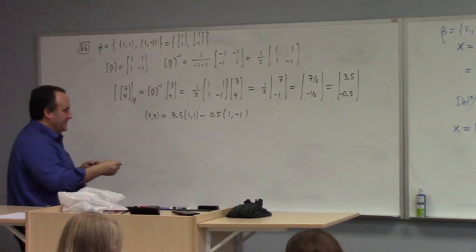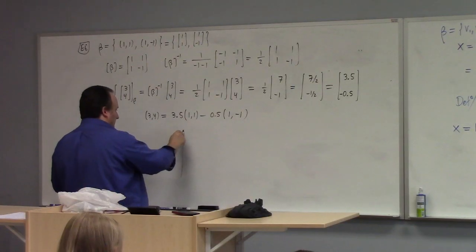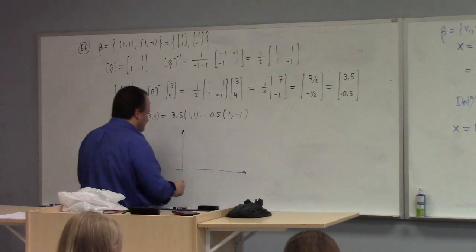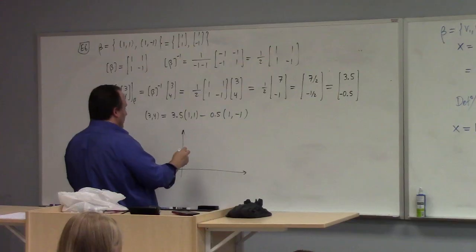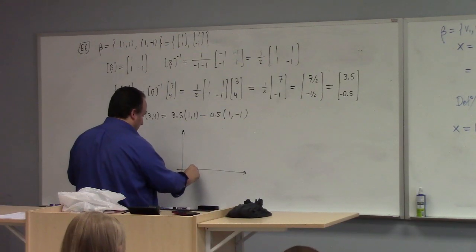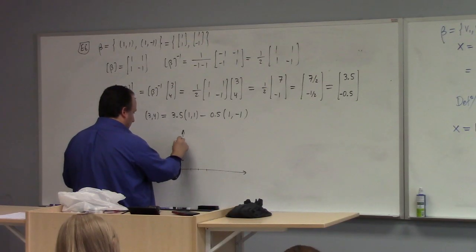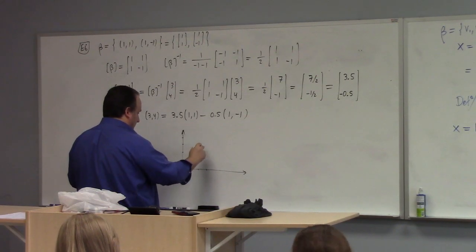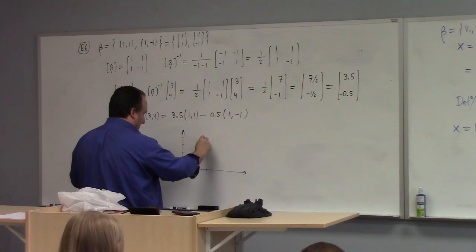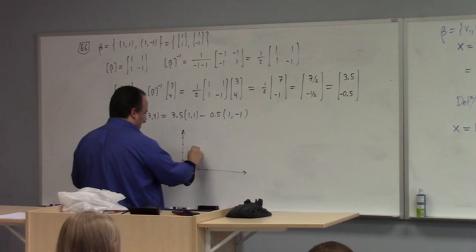What's going on geometrically? We can try to picture this, right? So 3, 4 goes over 1, 2, 3, and up 2, 3, 4, right? So basically 3, 4 is this vector, right?